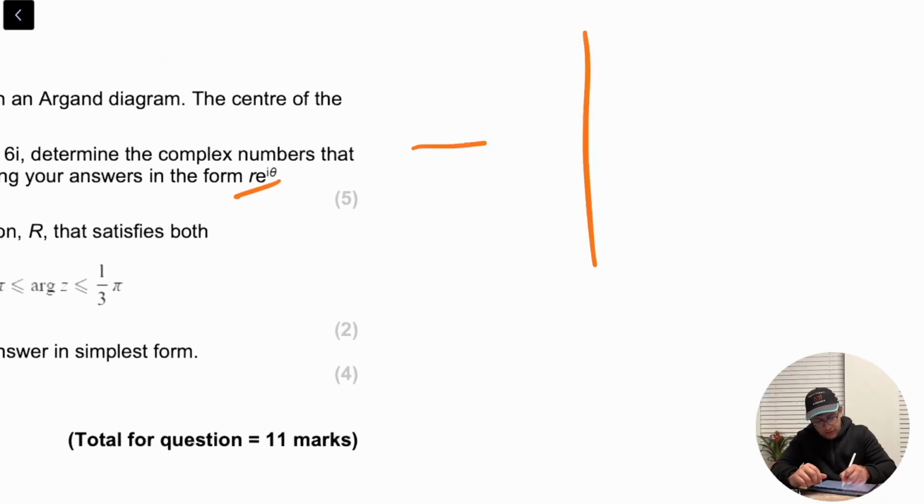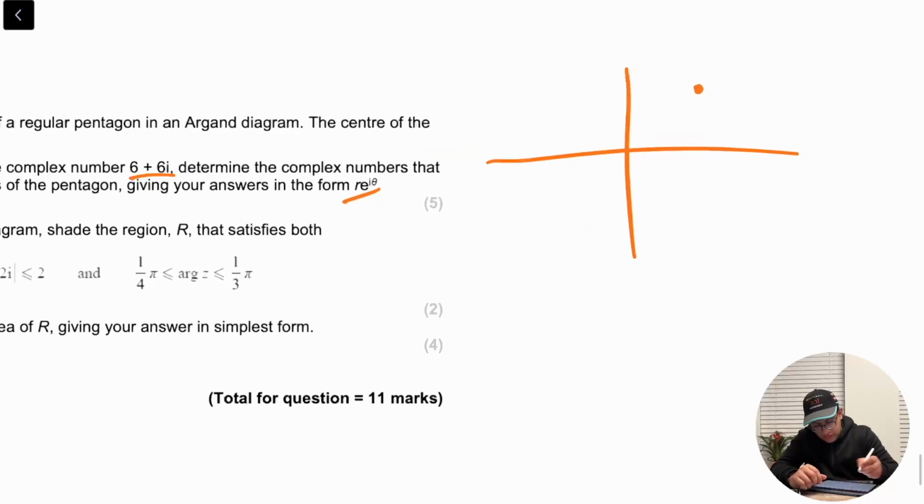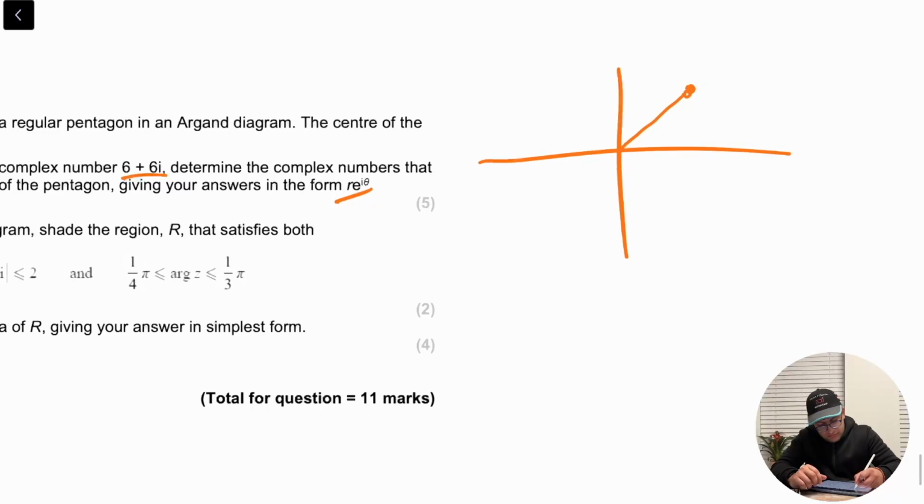So if I had to quickly plot it on the Argand diagram, 6 plus 6i will be straight up here somewhere. The argument will always be 45 degrees because it's exactly halfway.